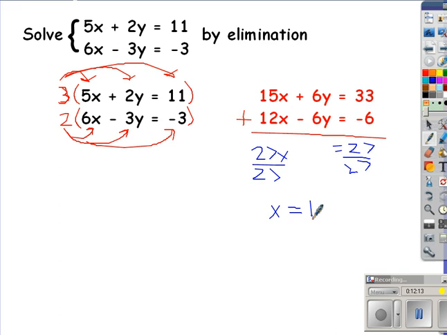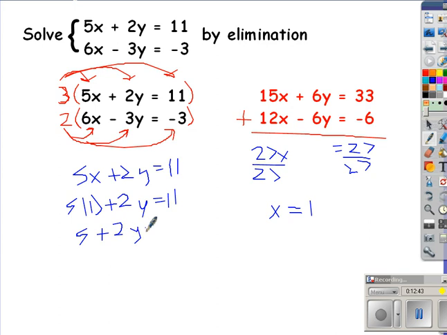Again, I have to pick one of the two original equations. I guess I'm going to pick the first one. At this point, it doesn't really matter which one you choose. Neither one is going to be any easier than the other. So 5x plus 2y equals 11. I know that x equals 1. So 5 times 1 plus 2y equals 11. 5 times 1 is just 5.